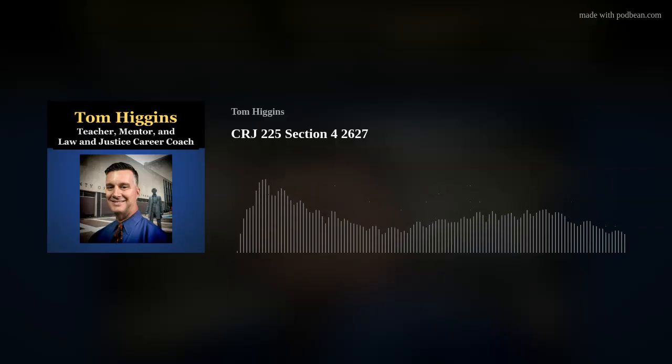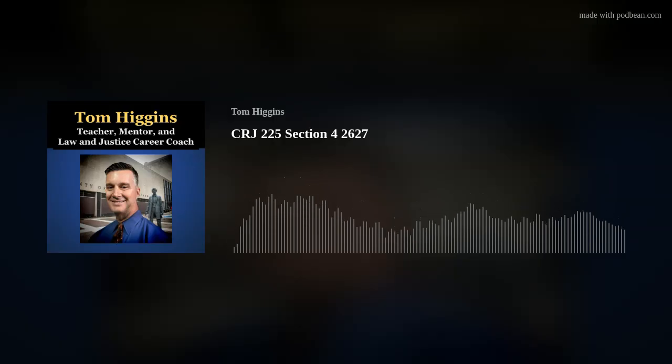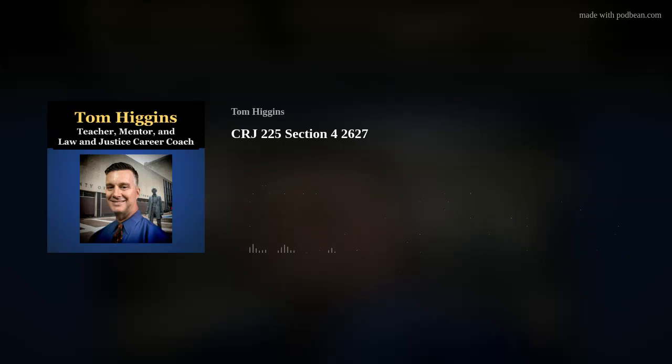Now, by comparison, we find assault just ahead of the battery statute at 720 ILCS 5/12-1, and it says a person commits an assault when, without lawful authority, he or she knowingly engages in conduct which places another in reasonable apprehension of receiving a battery.